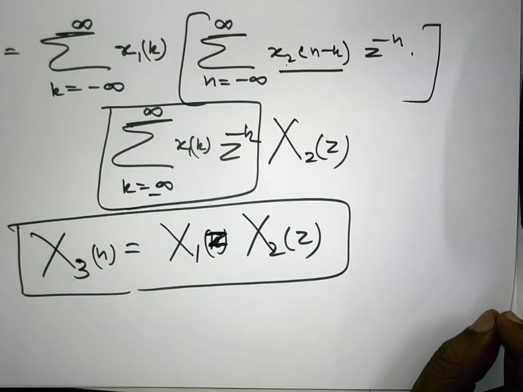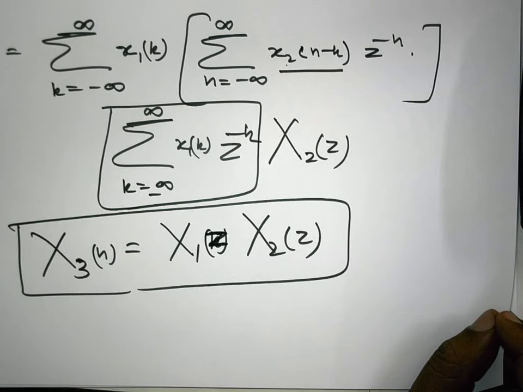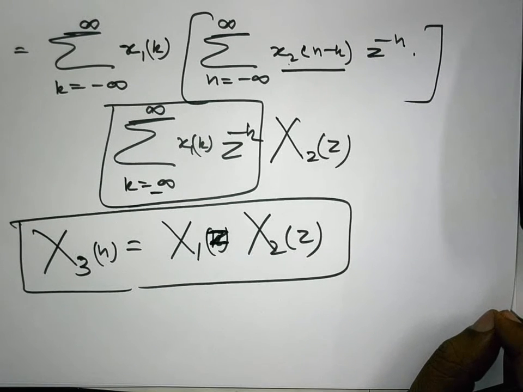Many times it is found easier to evaluate the multiplication in the Z domain rather than evaluating the convolution in the time domain.